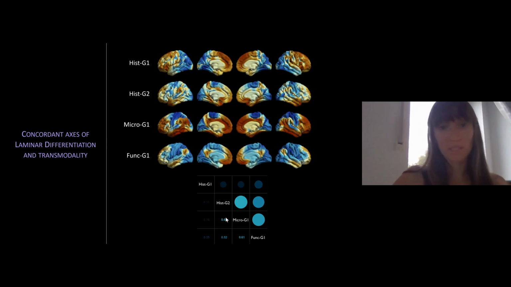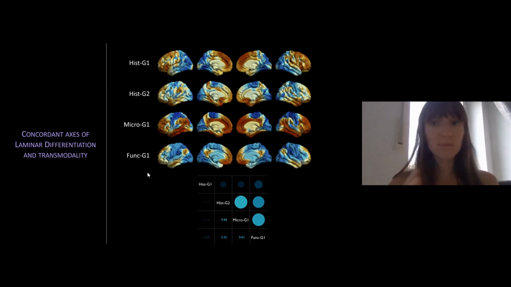It's a 0.64 correlation, and it has a 0.52 correlation with the functional axis too. So there seems to be some collinearity that aligns with Mesulam's theory that cytoarchitectural and functional differentiation are aligned across the human cortex, at least the most principal axes of cytoarchitectural and functional differentiation.